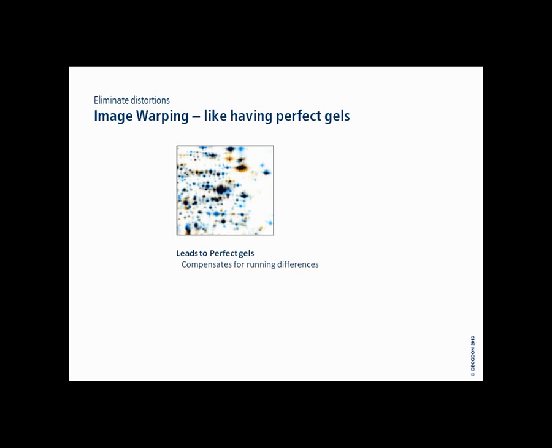What is warping? As a basis, imagine you have a certain gel image, and then you have a second one, and you put them on top of each other. One is colored in blue, the other in orange, and then you can see there might be some similarities, but it's really hard to identify which spot belongs to which other one and which is the stronger one on which of the two images. Warping means we eliminate the distortions, and then using this coloring, the black shades of the colors mean the spots belong together and have the same intensity.